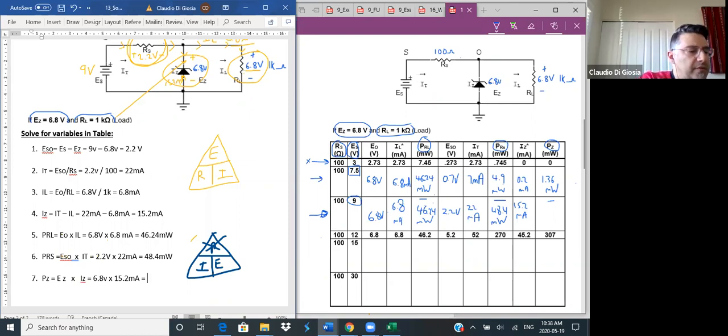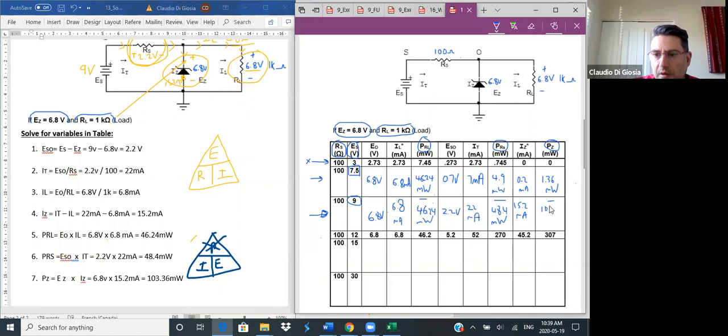So 6.8 volts multiplied by 15.2 milli is 103.36 milliwatts. Pencil it in, 103.36 milliwatts.